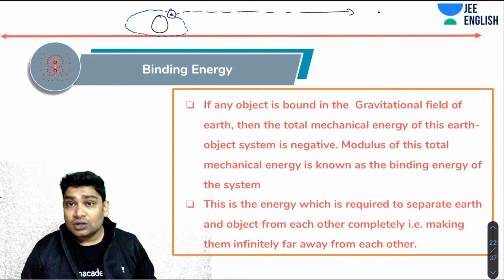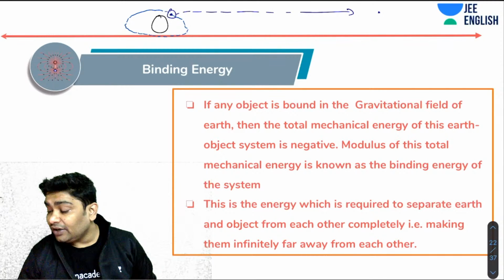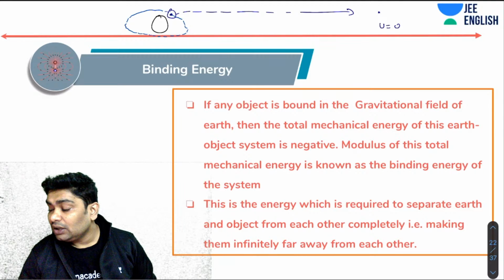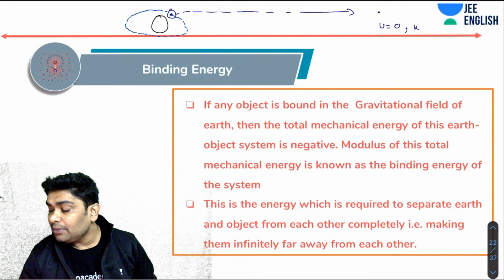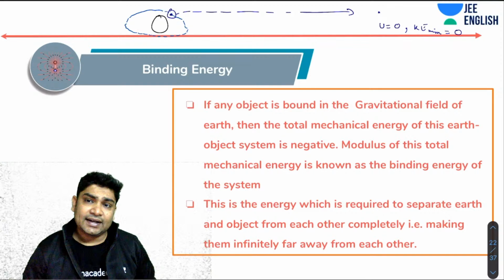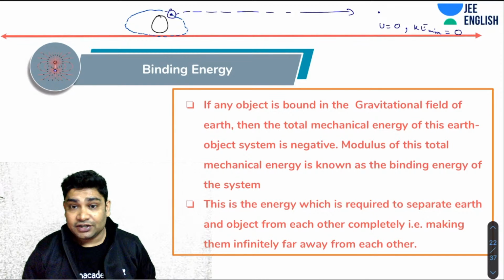So if this could reach infinity, then what is the total energy that it would have had? At infinity, U would have been 0 for the system, and the minimum kinetic energy that it can have is 0. Otherwise, kinetic energy is always positive.